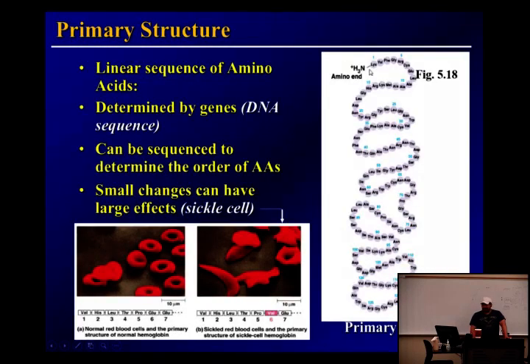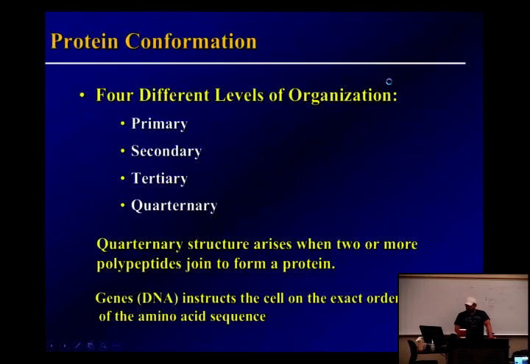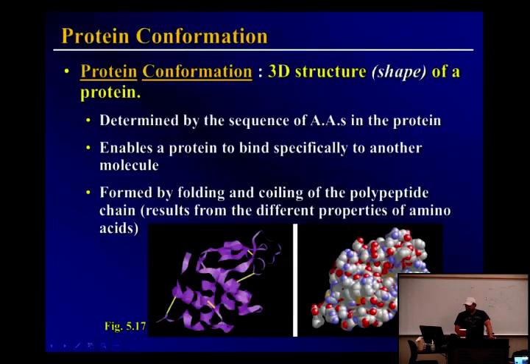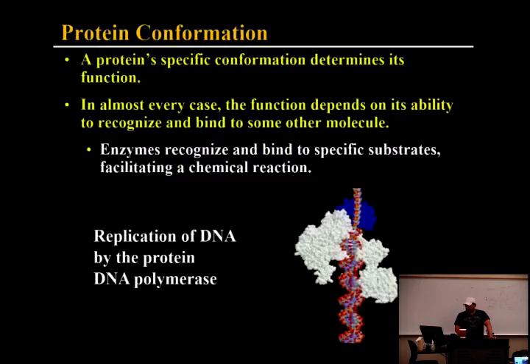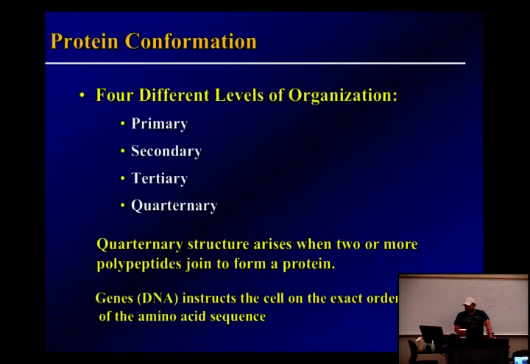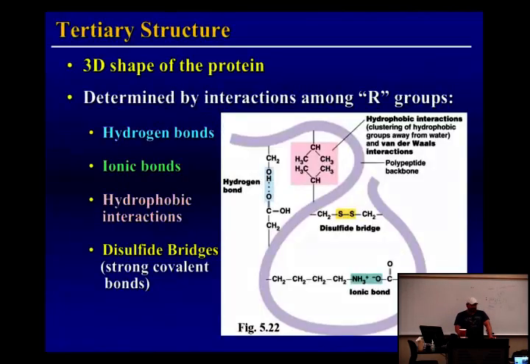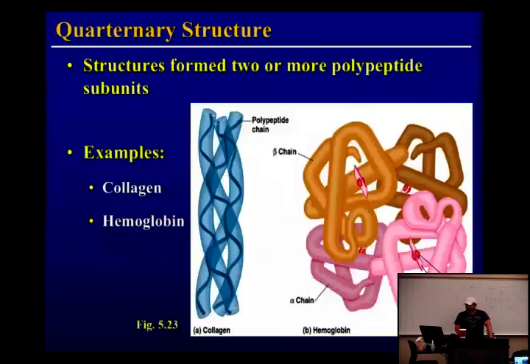The amino end. What's stronger, alpha helices or beta sheets? Why? Yeah, why? Yes, more hydrogen bonds, good.